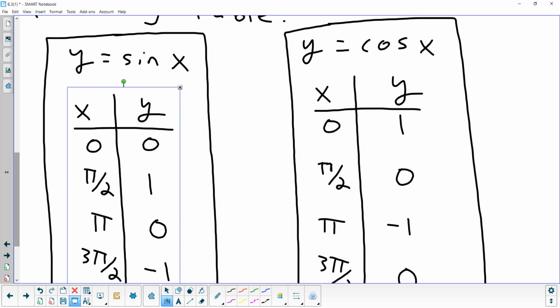Okay, the y's. If that was the problem I gave you, the x column would be untouched. We wouldn't have to do anything to the x column in this table. All we'd have to do is shift all the y values up 2. So like 2, 3, 2, and so on.